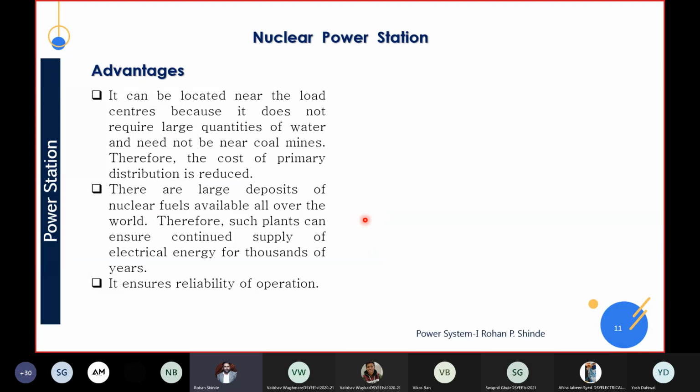Because we have to reduce the transportation cost in the coal power station, so we build the power station near the coal mines. But in the case of a nuclear power plant, there is no need to build the power station near the source center. So instead of building it near the source center, we locate our power plant near the load center.